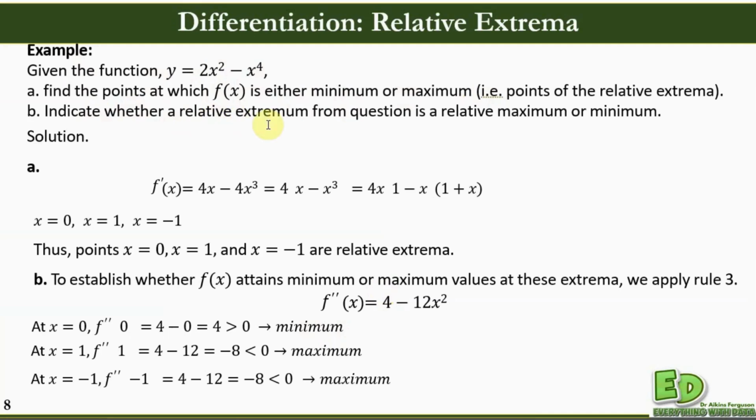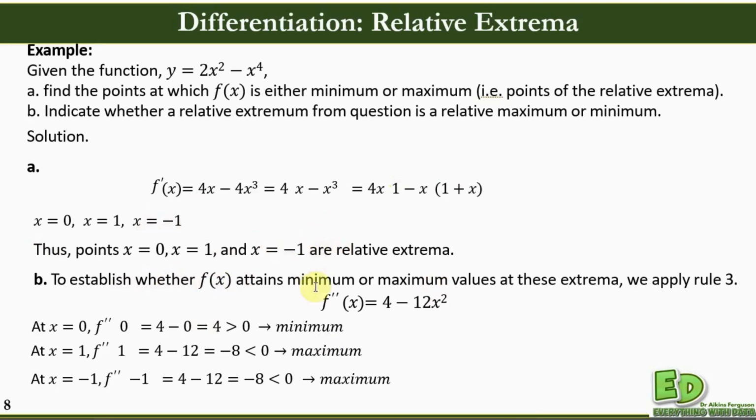Indicate whether a relative extreme from the question is a relative maximum or minimum point, right? So what do we do? We have the function already. Differentiate that function, right? This is what we have here after differentiating it. Find the values of x, right? So we are saying that this is the point where the relative maxima and minima occur, right?